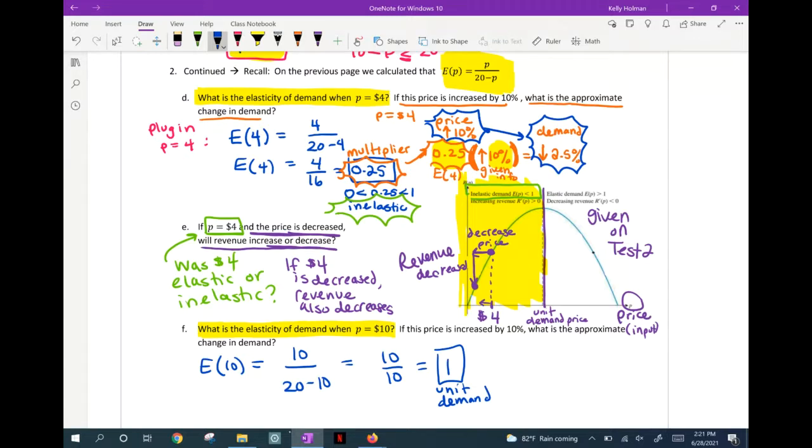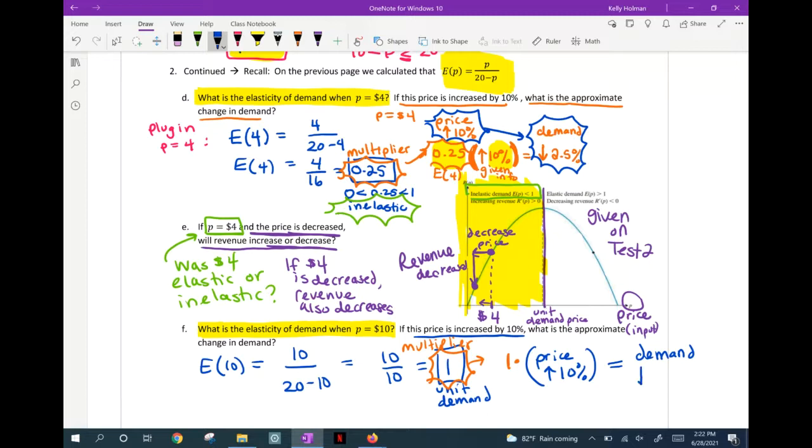So what does that mean? That means if your price is increased by 10%, well, my multiplier is a 1. If I times that by 1, doesn't it just stay 10%? That just means my demand is going to act opposite.